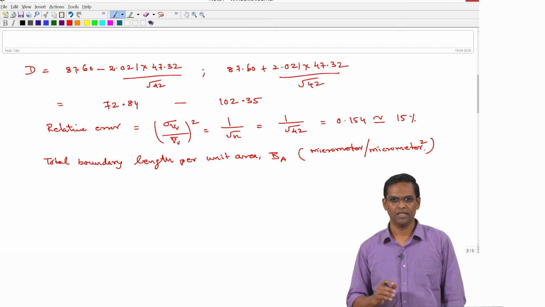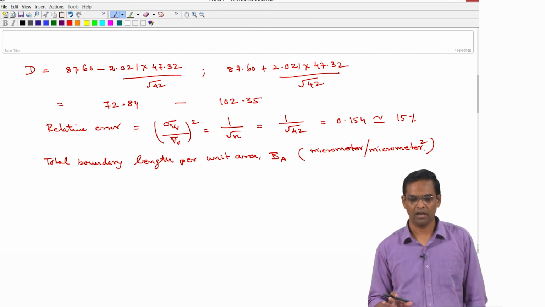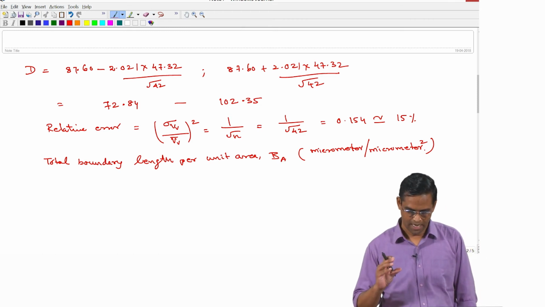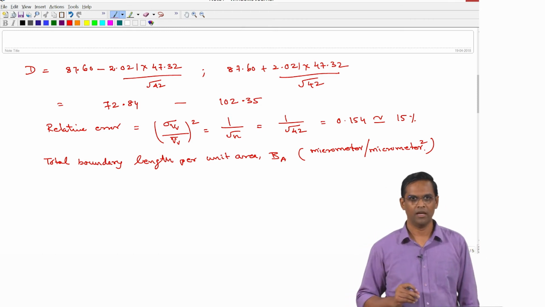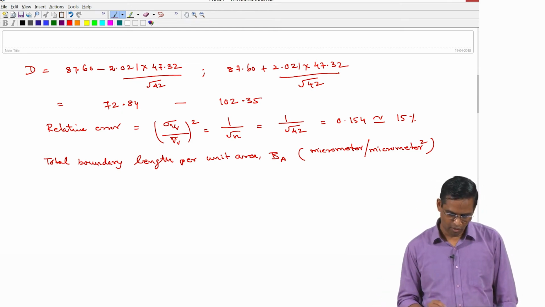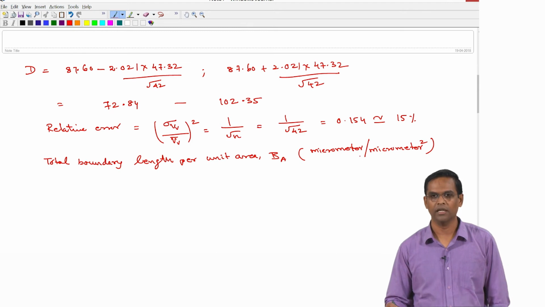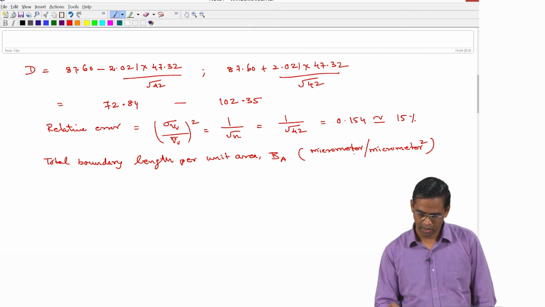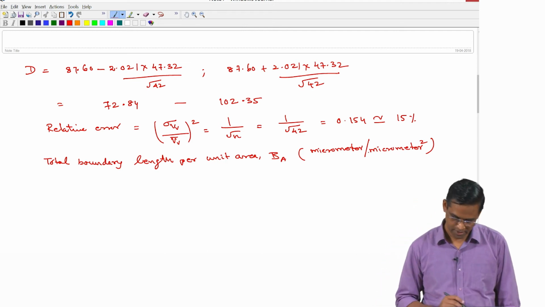Unless you write these units, you will not appreciate the meaning of these numbers significantly. The boundary length is represented in a micrograph by micrometer, and this is per area, so it is a ratio of two quantities.